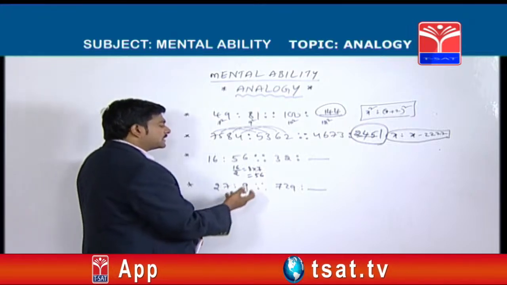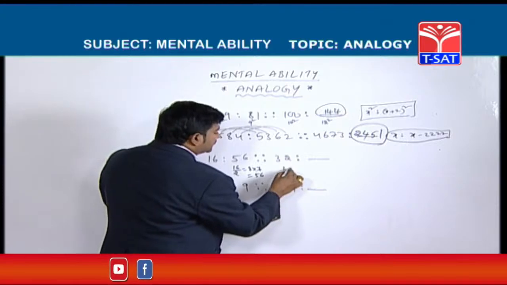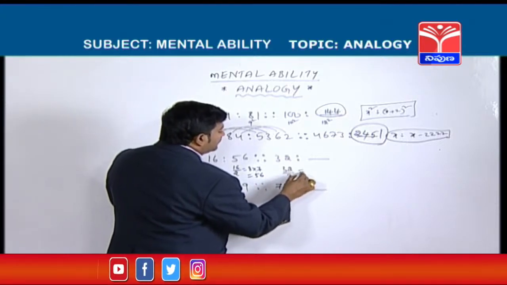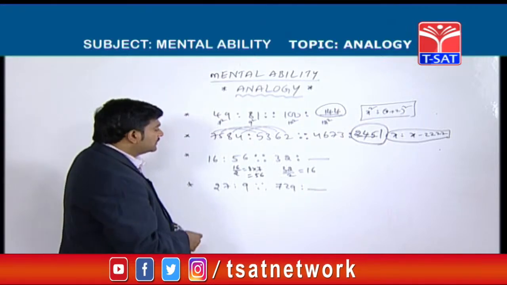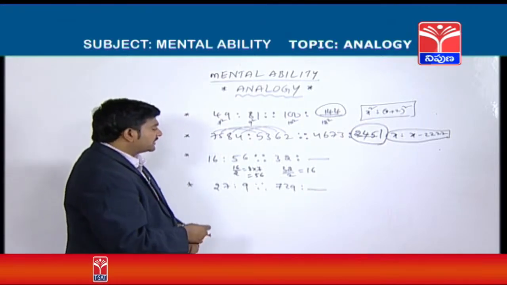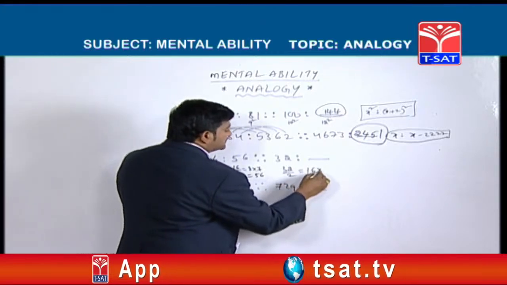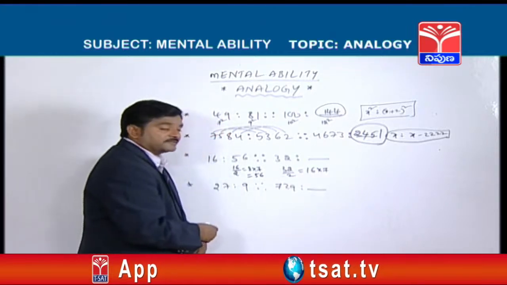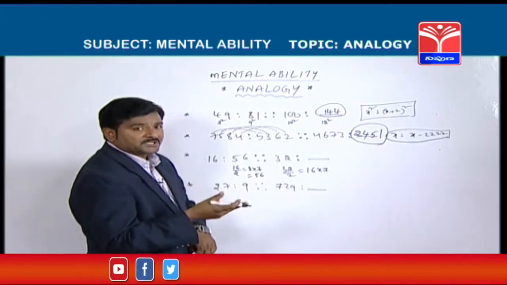I hope you understood this concept. Apply the same logic for that also. So what does it mean? 32. Half of 32 means what will you get? 16 you will get. Okay. So now 16 must be multiplied by 7. Okay. So now 10 sevens are 70. 16 sevens, you may get confused.